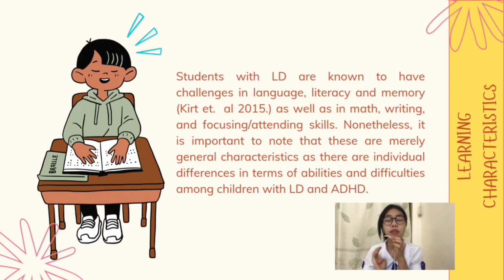This refers to the difficulty with reading. Dyspraxia, the difficulty in terms of fine motor skills. Dyscalculia, I don't know how to pronounce it. It refers to the difficulty with math. Dysgraphia, the difficulty with writing. Dysphasia, the difficulty with language, and etc. So these are the common types of LD.